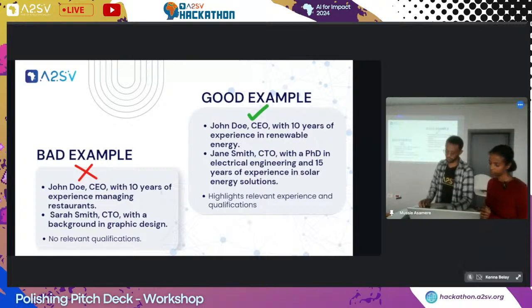And the good example: John Doe, CEO, with 10 years of experience in renewable energy. We don't expect every team to have this, but if there are any advisors or mentors with experience relevant to your team, this would give you a good standing when you're presenting to investors, so that they can have some comfort or feel safe in your capability to deliver what you're promising.